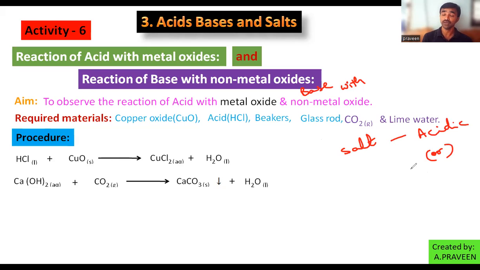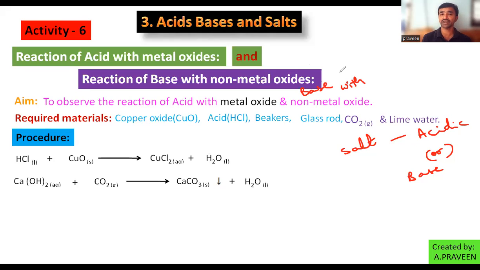If the acid is stronger than the base, can anybody guess the nature of the salt? If the acid is stronger and the base weak, the salt is acidic. Very good. If the base is stronger than the acid, then the salt will be basic.